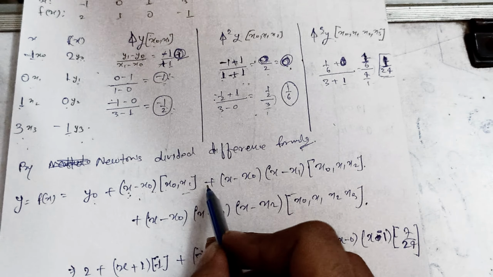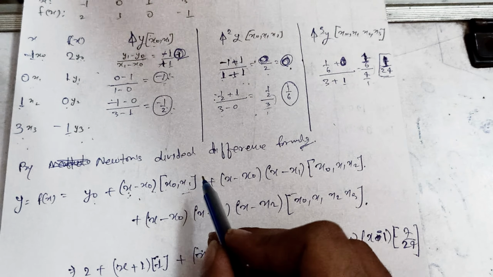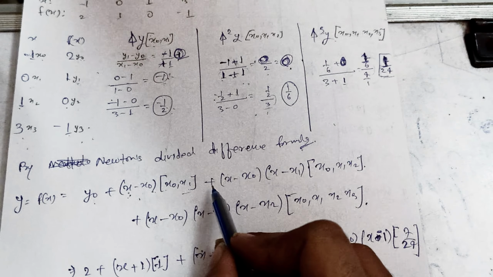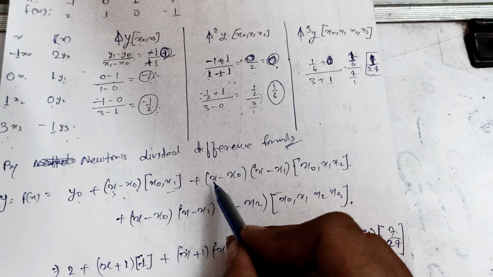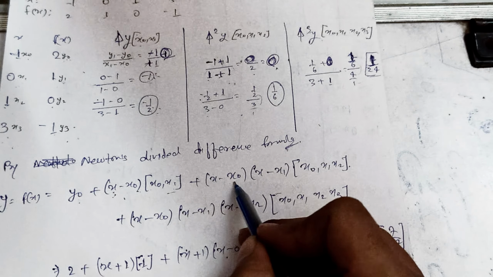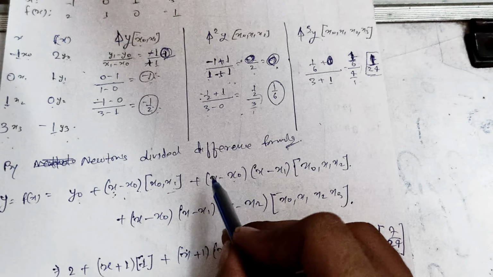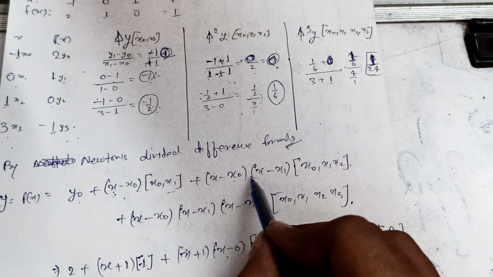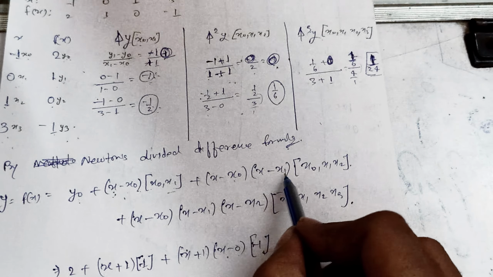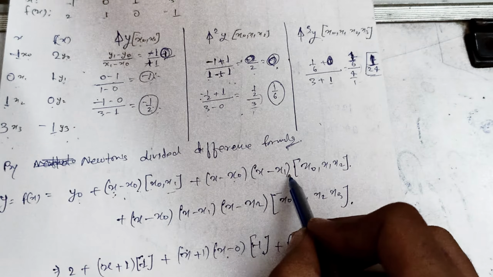We go forward by increasing one term in each step. So firstly x minus x naught, as it is. Then x minus x1, we subtract from x here.